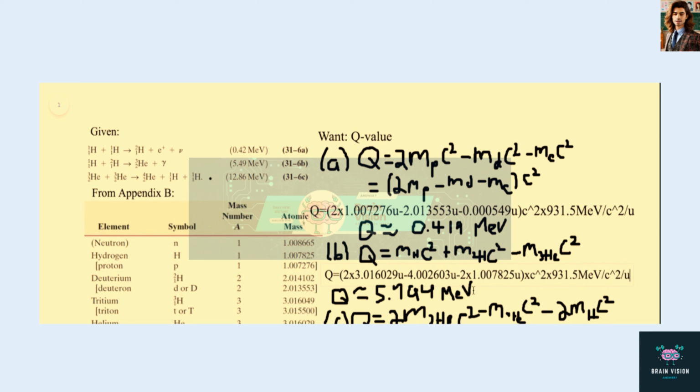And putting that into our calculator, we should get a Q value. Sorry, it's a little bit cramped here. A Q value of 12.86 mega electron volts.